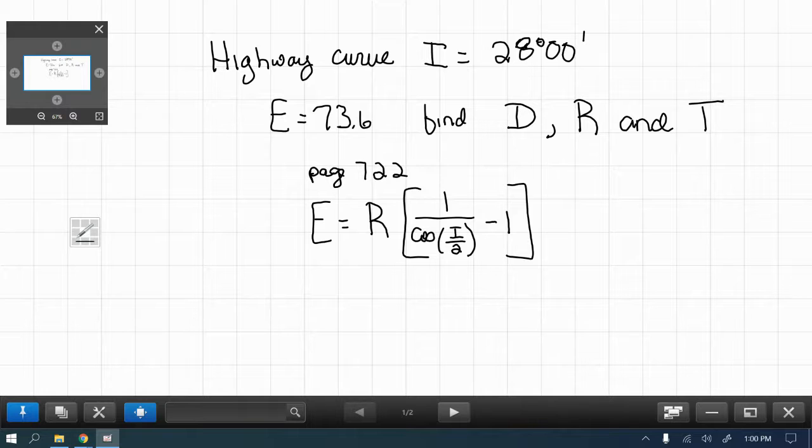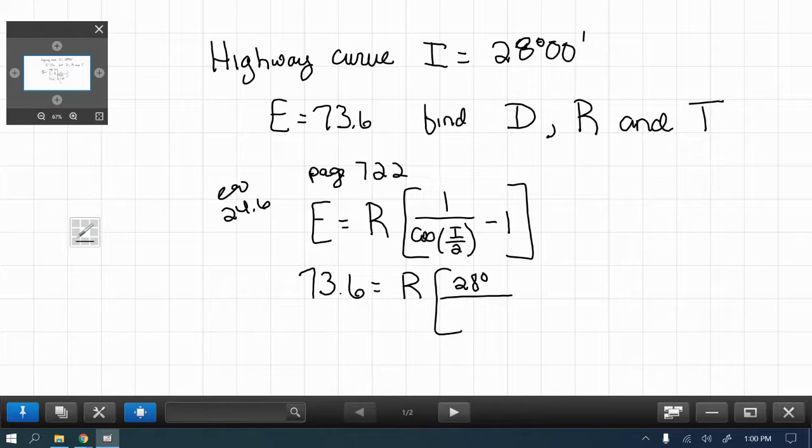And I'm using, since they gave me E, that's 24.6. They gave me E is 73.6 equal to, we don't know R. And they gave us I, 28 degrees divided by the cosine of 28 degrees over 2.